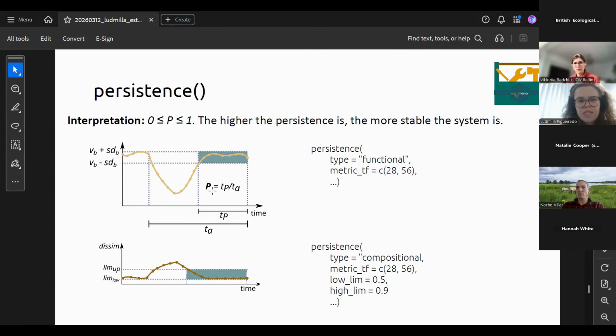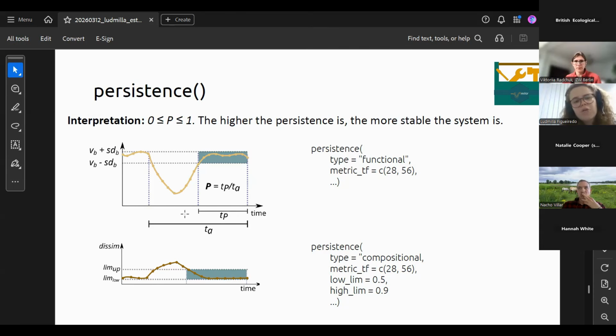Then we have persistence, and we measure persistence as a proportion. So it's a value that falls between 0 and 1, and it's the proportion of time that your variable stayed inside a limit. If we're talking about functional resistance, again, if you have a single state variable you're comparing, the way you define those limits is by calculating the standard deviation above and below the mean of your baseline.